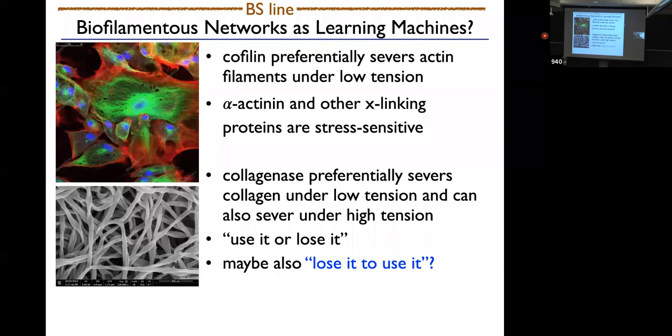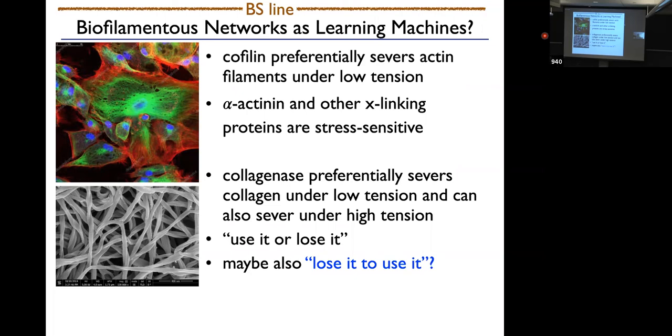So this is something that can change its network topology in response to stress. The actin network is also very close to isostaticity, so very close to marginal mechanical stability. So directed aging should be enough. So is the cytoskeleton changing its mechanical responses constantly by changing its network topology in response to these very complicated stress states that it's under? Maybe it's a learning machine, maybe it's learning things.